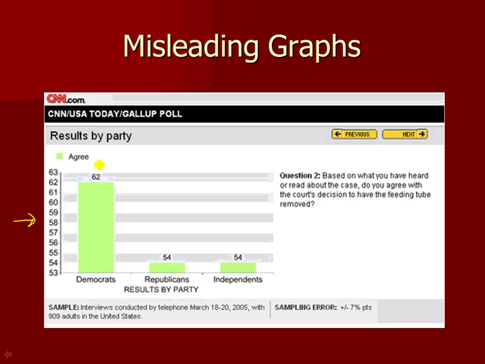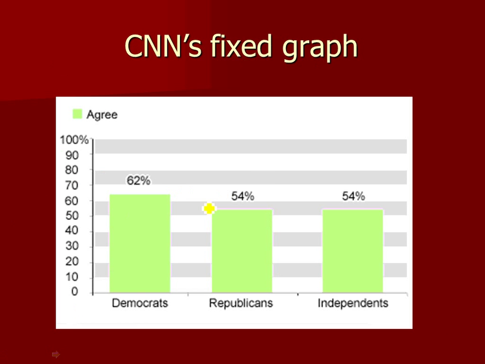Hugely misleading. And this is a reputable news company. However, they like to produce things that look crazy and shocking to get people to continue to watch them and go online, instead of something that's like, well, they're about the same. 62% versus 54%. It's not very far off.